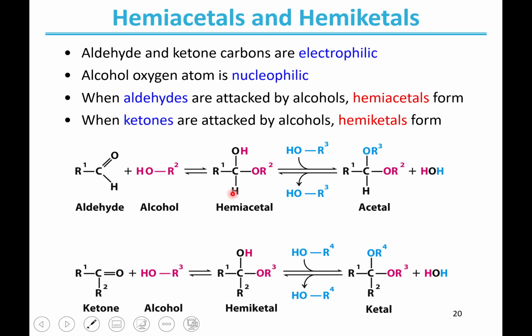So you're replacing one of the hydrogens in the hemiacetal with another R group. And again, if you replace the OH group on that with another OR group, that's what we refer to as a ketal.